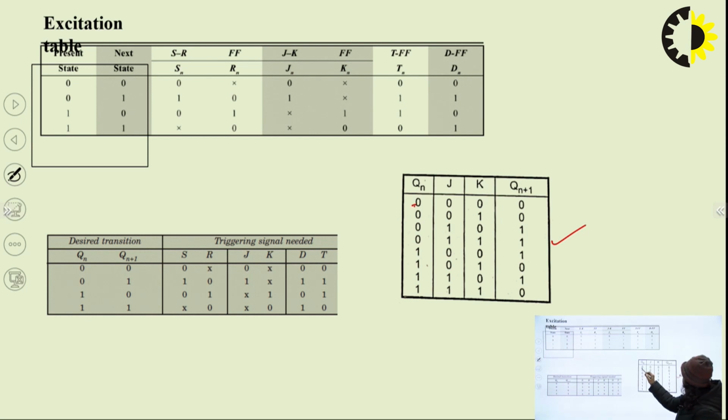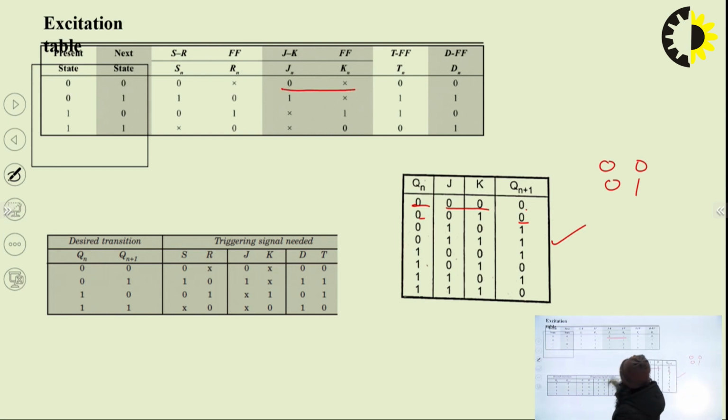So for input 0, 0, previous state 0, next state 0, so one combination is 0, 0. Again there is one more combination, 0, 1. So we write 0 cross. Now we check for 0 to 1, previous state 0 and next state 1, which comes for JK 1, 0 and 1, 1.